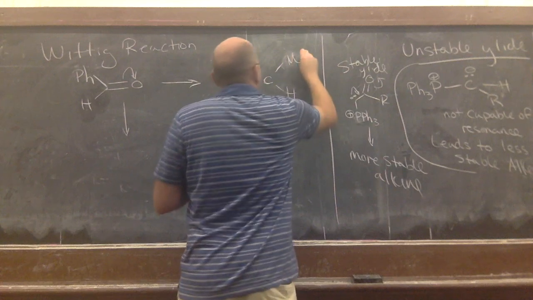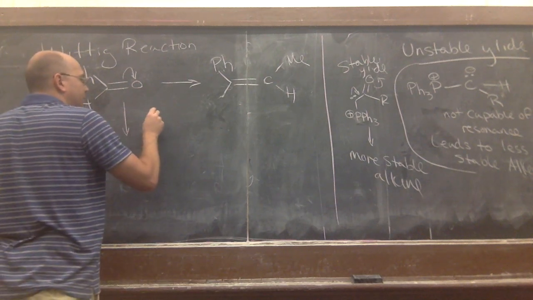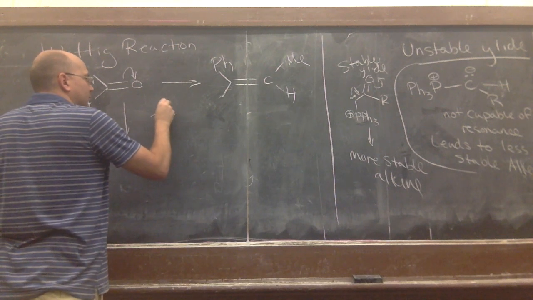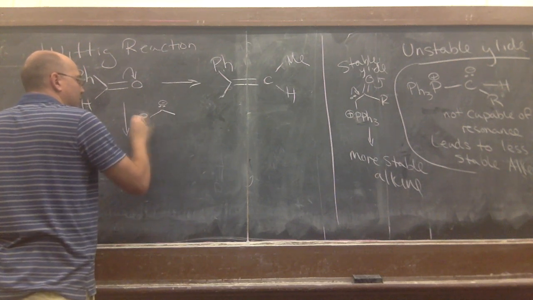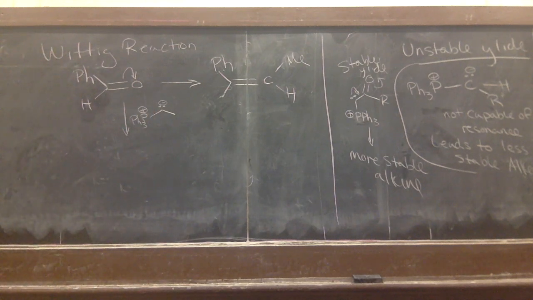And let's make that a methyl group, okay? And so what would that alkene come from? That alkene would be basically the ethyl bromo version of the Wittig reagent, right? So we have, right? So that's going to be our first intermediate.